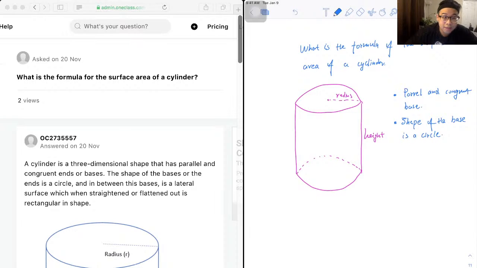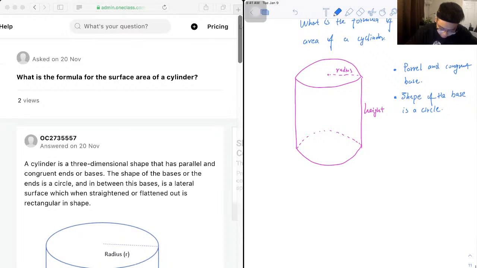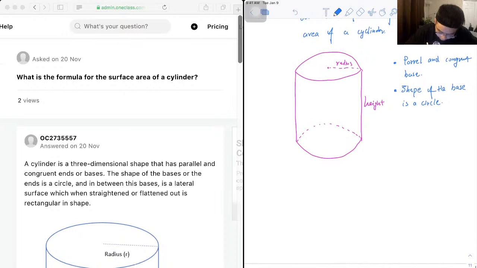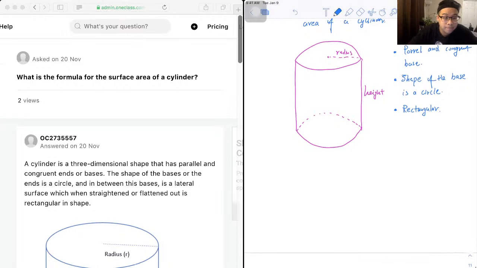And in between the bases, there's a lateral surface which, when straightened or flattened out, is rectangular in shape. And because of this, the surface area of the cylinder is a combination of the two circular bases and the area of the rectangular lateral surface. So let's write that down.